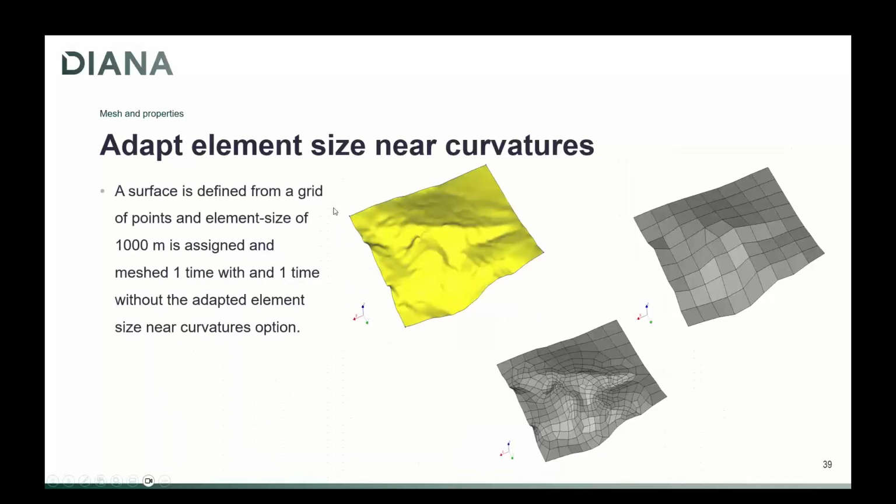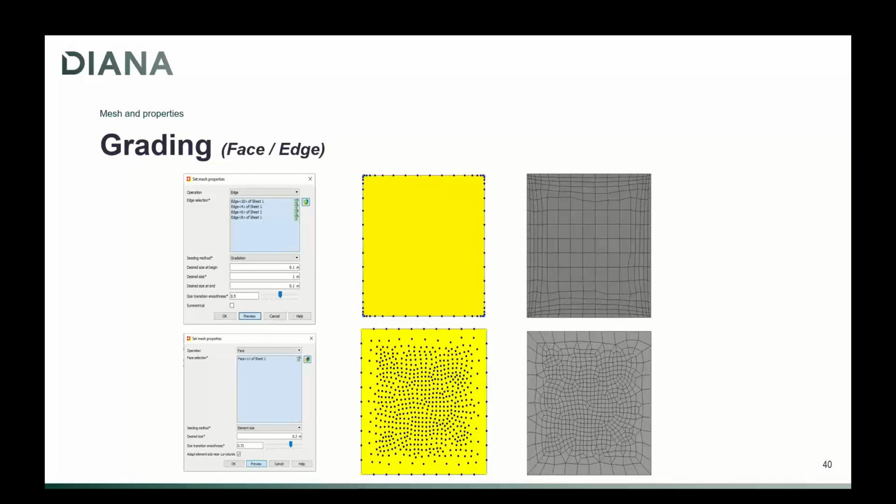Here we have another case of a terrain geometry. So you see the difference with or without. So without, basically, you can hardly capture the shape of the original geometry. And with this option on, you have a better accuracy without changing the mesh seeding, as I mentioned.